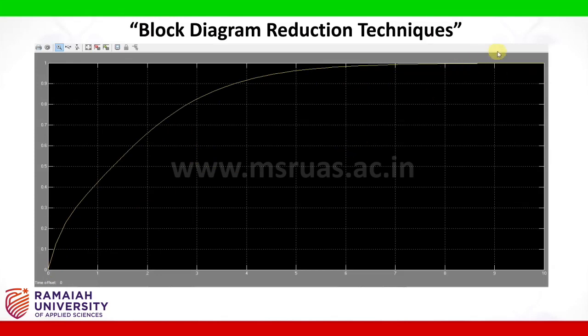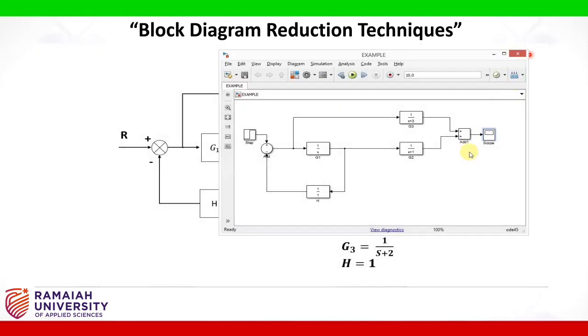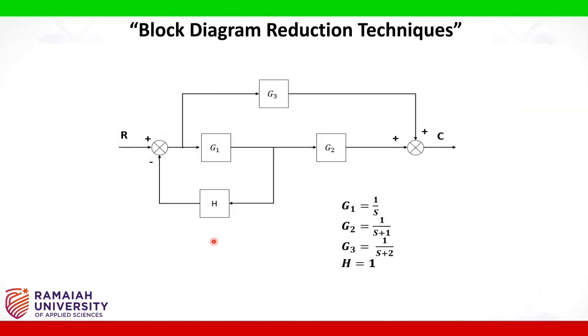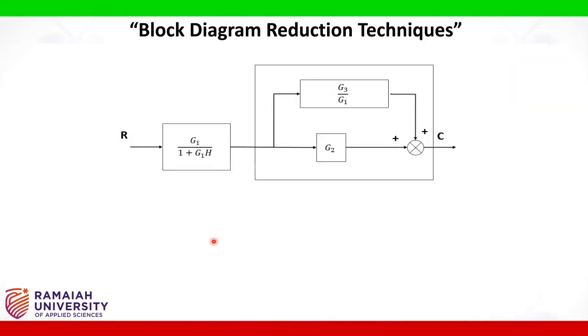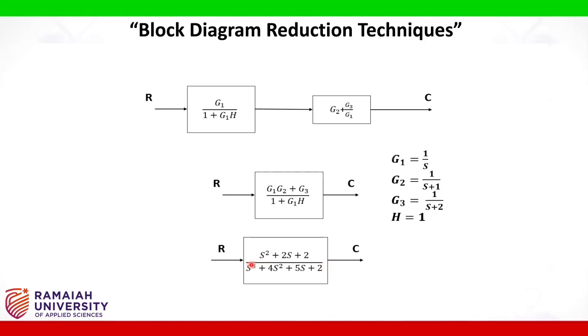Now close this window. Now we will use another block diagram, that is the reduced block diagram. So this is the reduced block diagram: s square plus 2s plus 2 by s cube plus 4s square plus 5s plus 2.